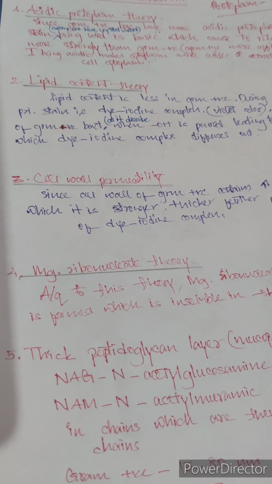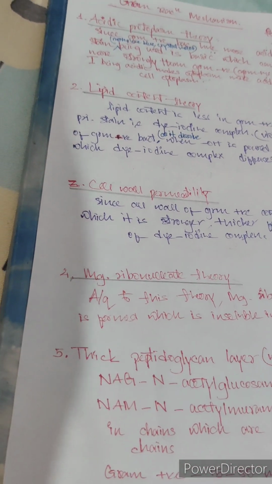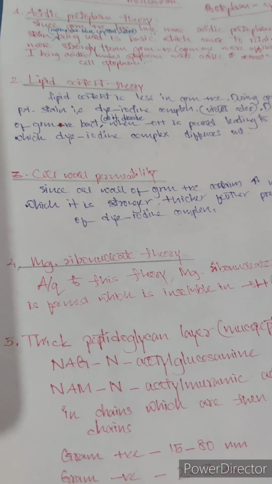Okay, so the third point is the cell wall permeability.